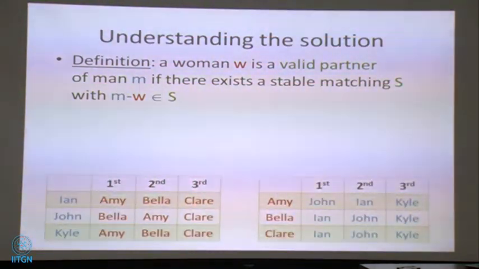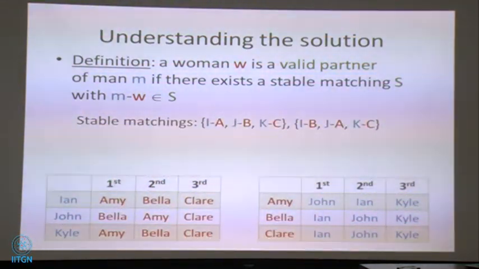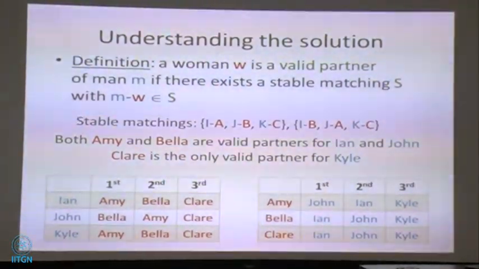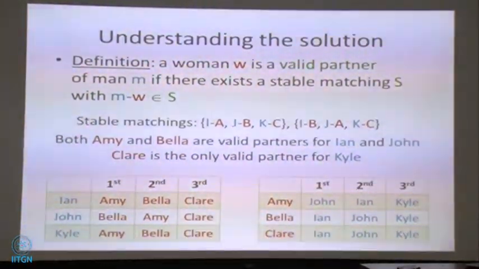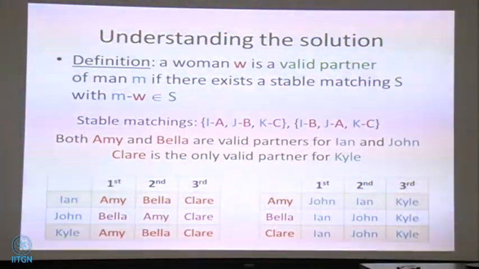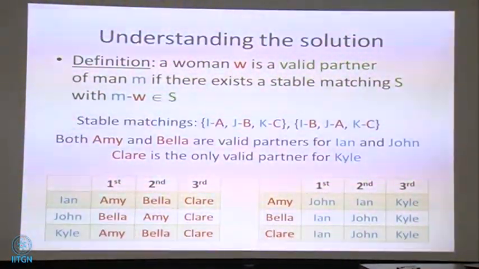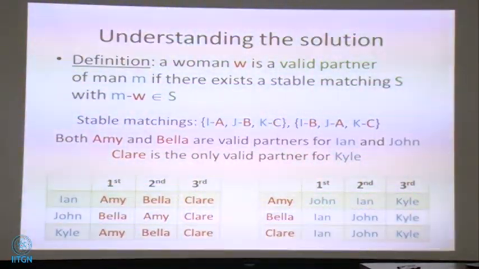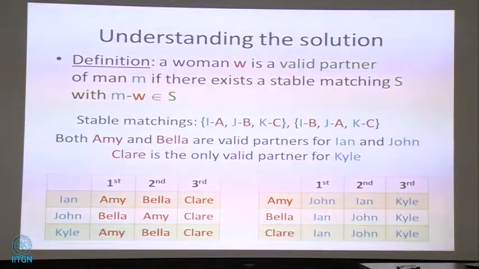Here, for instance, we have these two stable matchings. This means that Amy and Bella are valid partners for Ian, and they're both also valid partners for John. And Claire is the only valid partner for Kyle. I say she's the only valid partner for Kyle because I'm implicitly assuming that these are the only two stable matchings, but you can check that this is the case. These are the only two possibilities, and therefore Claire is the only valid partner for Kyle.